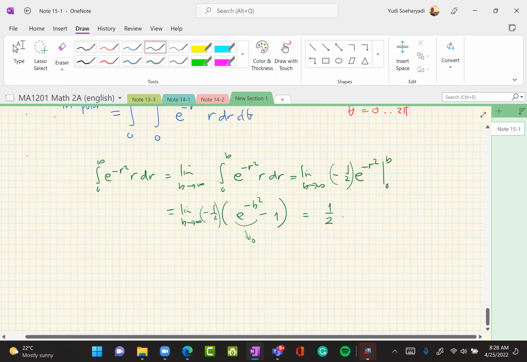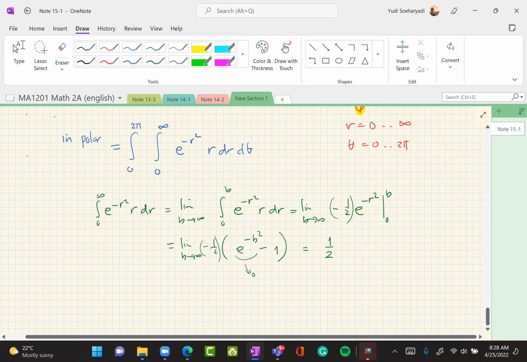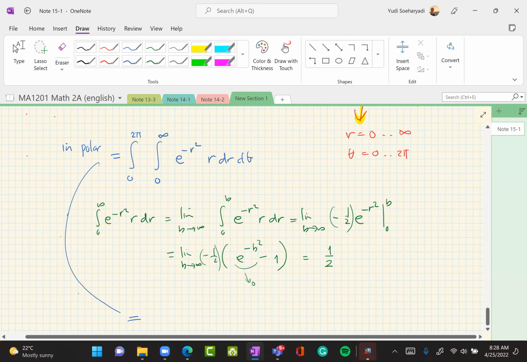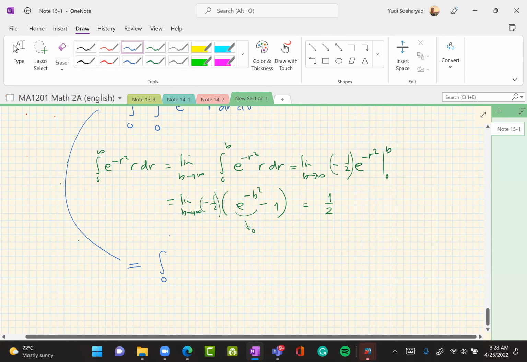Okay. So continuing with this, it equals the integral from 0 to pi over 2 of 1/2 d theta. We complete the theta, which gives pi over 2, so we get pi over 4.